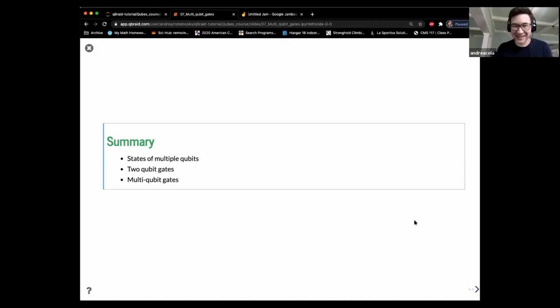Okay, so today, after writing your first quantum program that you did just now, we were talking about quantum programs of single qubits, so single qubit quantum gates. We finally move to the case of multiple qubits.